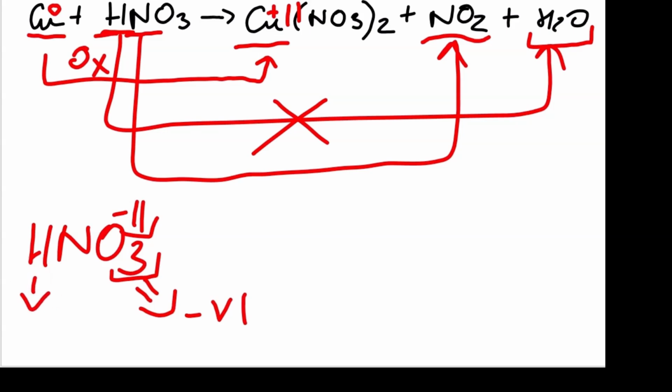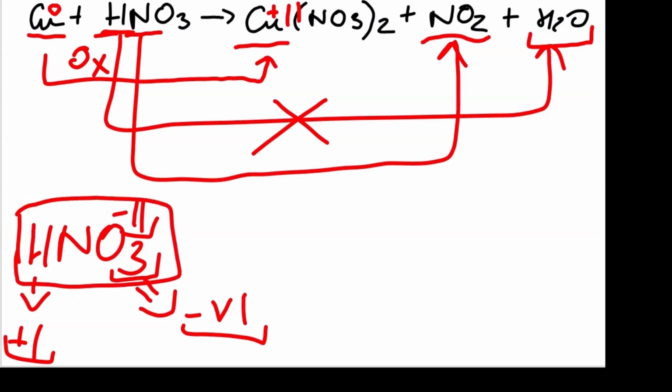Hydrogen in nitric acid is, of course, plus 1. So plus 1 minus 6 is equal to minus 5. It's a neutral particle, so the net oxidation state of this particle should be equal to 0. Therefore, the nitrogen oxidation state is equal to plus 5. So that's the plus 5 oxidation state of nitrogen.